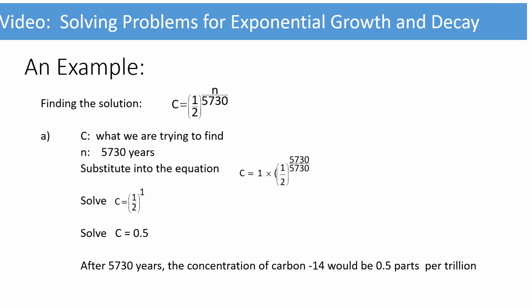So after 5,730 years, the concentration of carbon-14 would go from 1 to 0.5 parts per trillion. That's a very small amount.